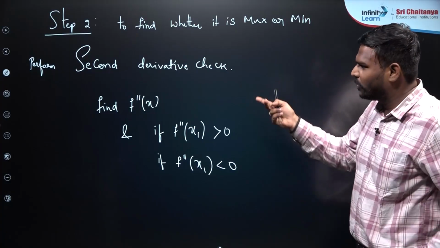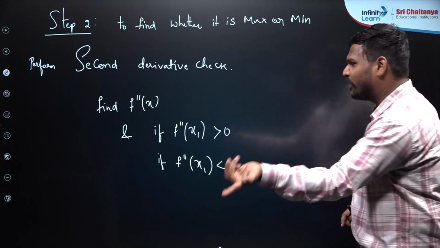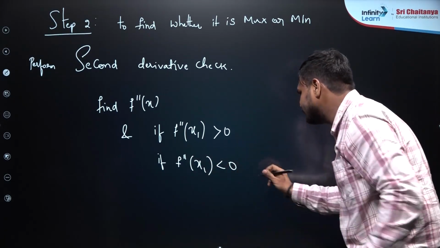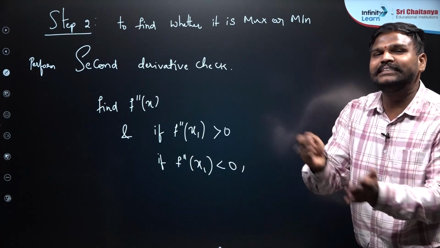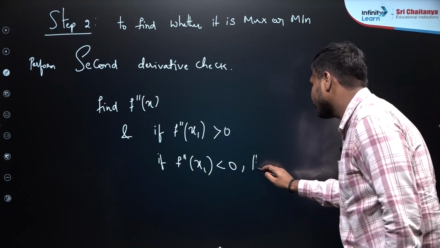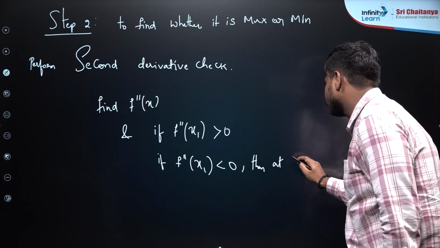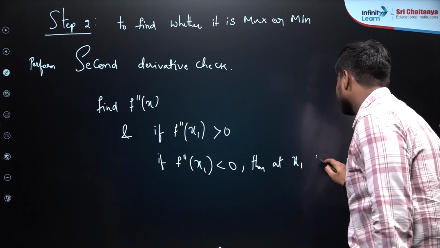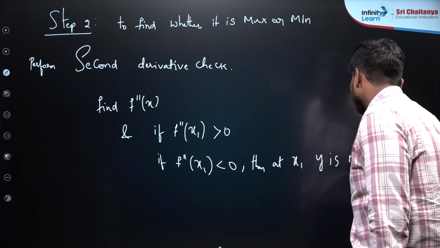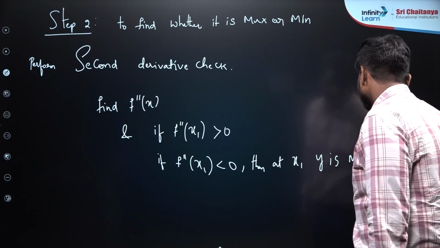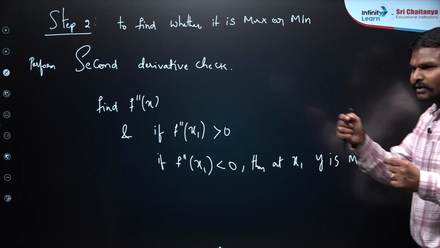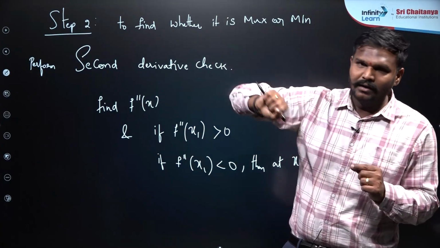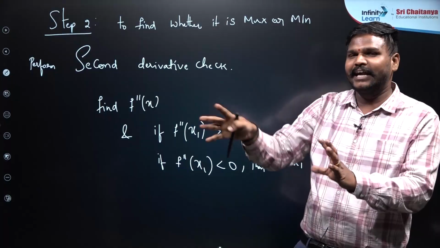So you found, now we are doing reverse engineering. If I found second derivative less than 0, that means I will conclude it is a maxima point, because I know at maxima the derivative of derivative will be negative.